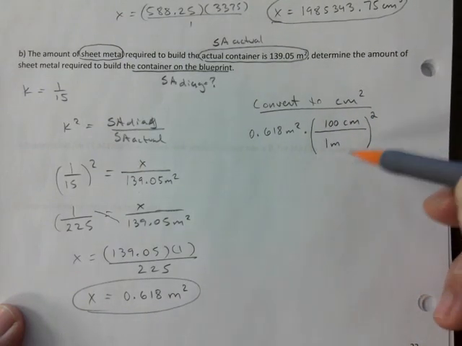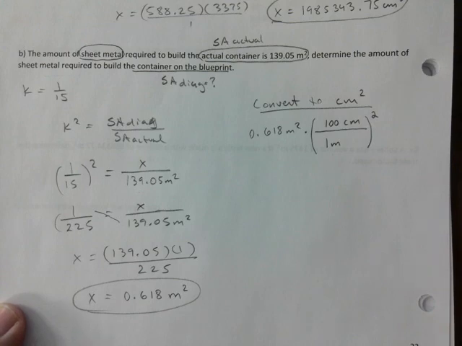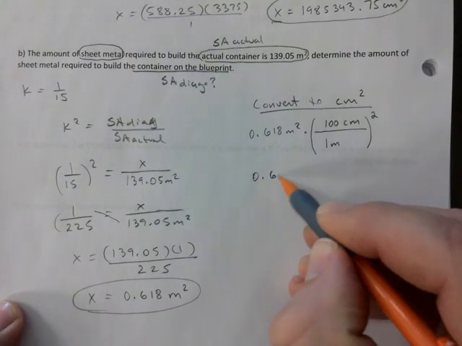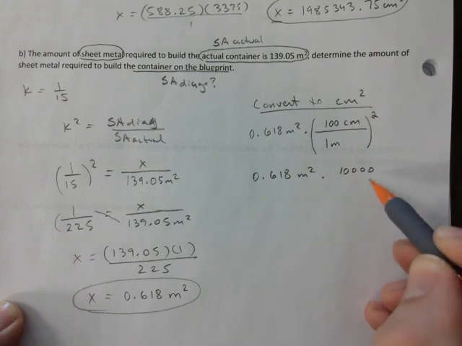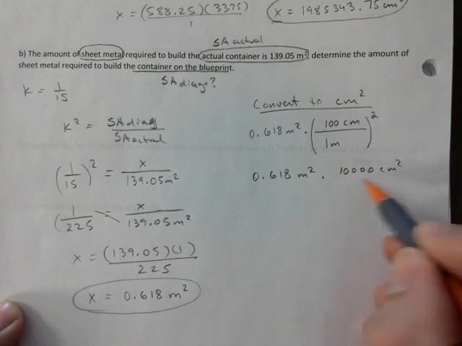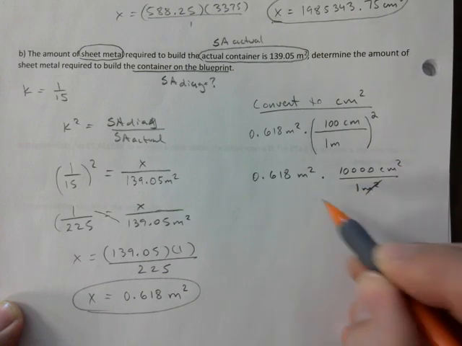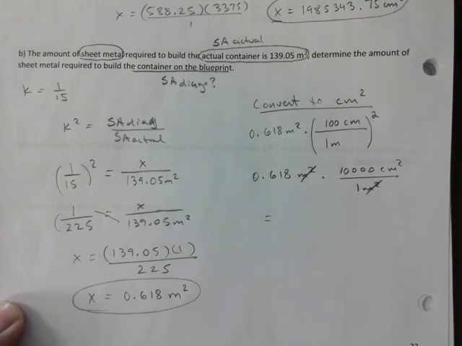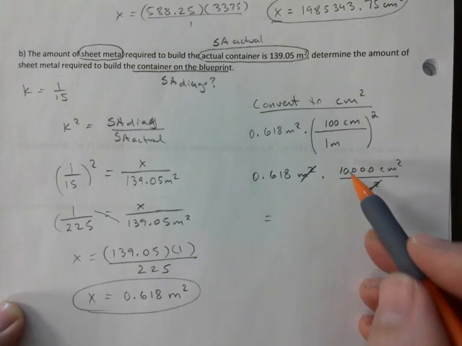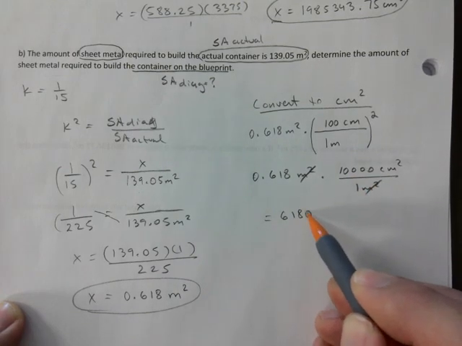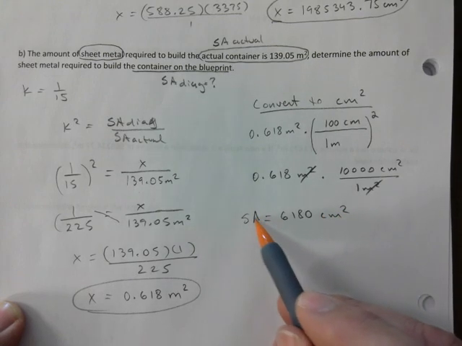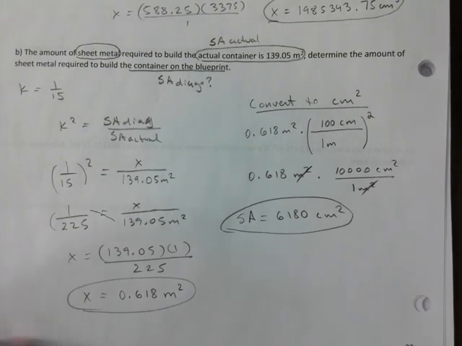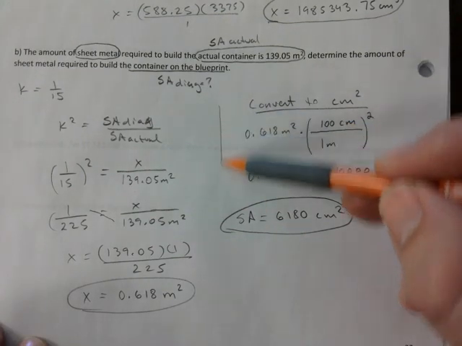But that'd be 0.618 square meters is equal to this many square centimeters over a squared meter, and that's when you can cancel it out. And so basically the decimal will shift four places. There you have it.